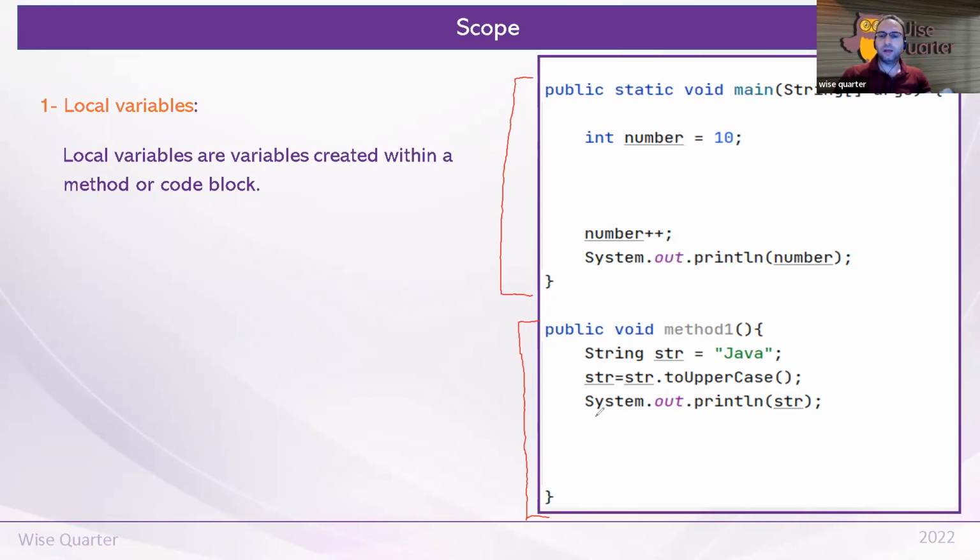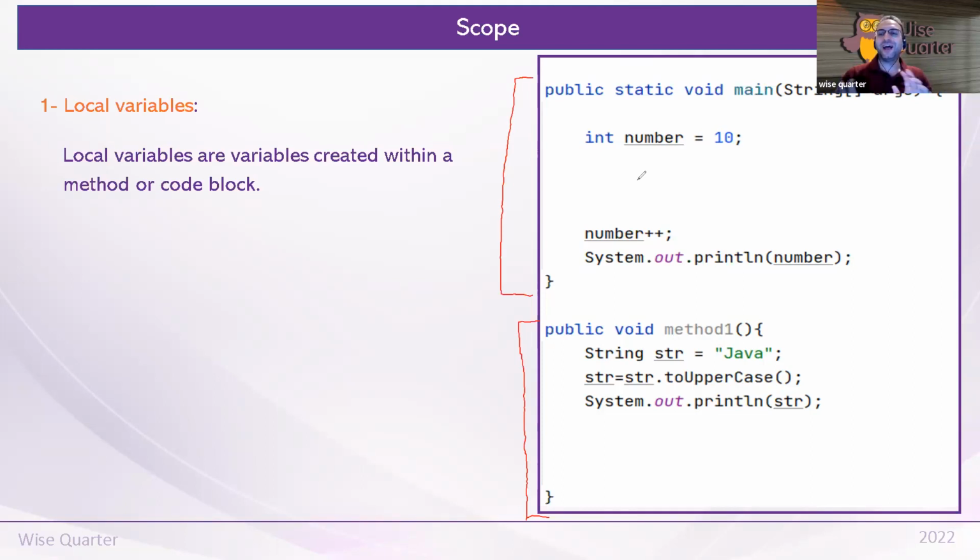It means this variable can only be used in the method one. This string str can be used only in the method one. It is same for the integer number 2. This number can be used only in the main method. I cannot use this number variable here, or I cannot use a str variable in main method because they do not know each other.